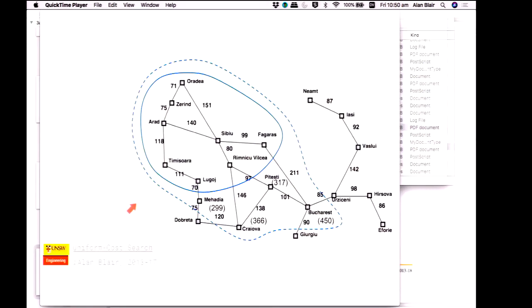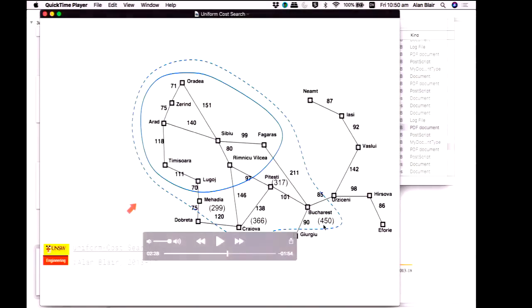At this point, the goal state has been generated, but it hasn't yet been expanded, and so we can't stop. We have found a path to Bucharest, but we don't know yet whether it's actually the shortest one. We have to keep expanding as long as there's another choice. If there's any city whose distance is less than 450, there's still a possibility there may be a shorter path through that city. So the shortest one here is Mehadia.